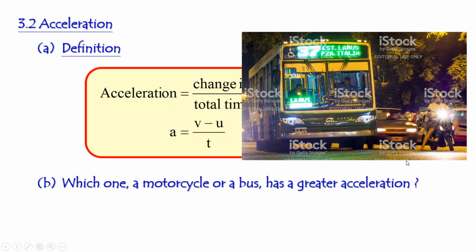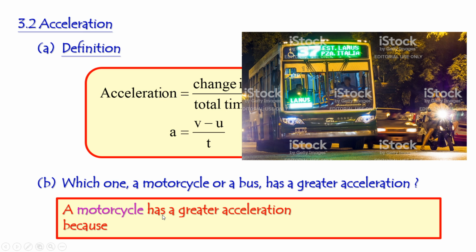Okay, look at the second question. Can you guess which one, the motorcycle or the bus, has a greater acceleration? That means which one can change its speed at a faster rate? I think everybody can guess the motorcycle has a greater acceleration, right? Why?